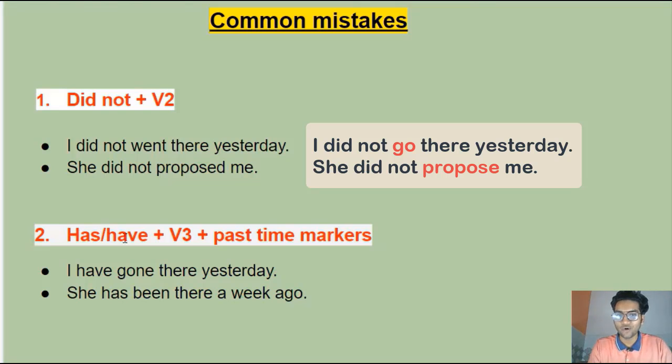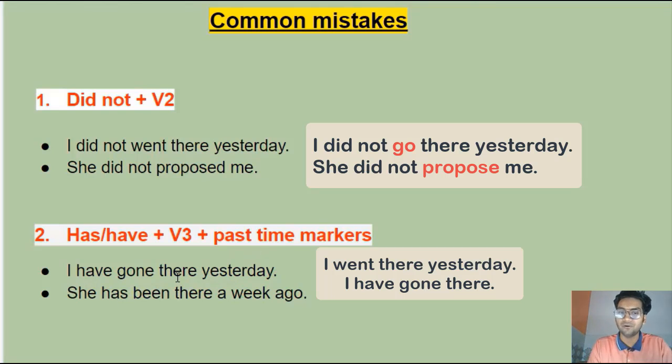Second, has or have followed by V3 followed by past time markers. When we use has or have followed by the third form, basically perfect tense, we cannot use the past time marker. We cannot talk about the time of the action in perfect tenses. We simply cannot do it. But I've seen people do it. That's incorrect. "I've gone there yesterday." Incorrect.